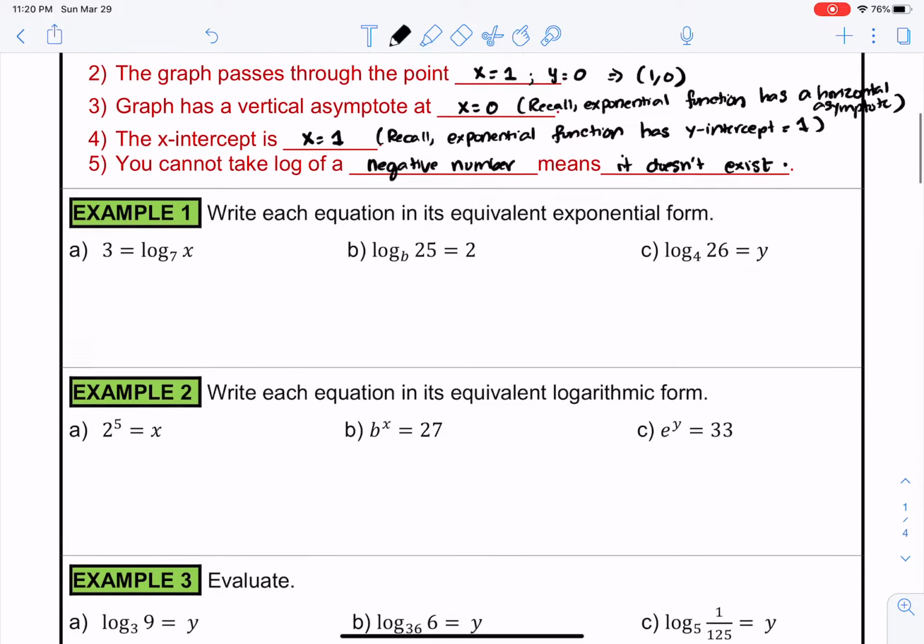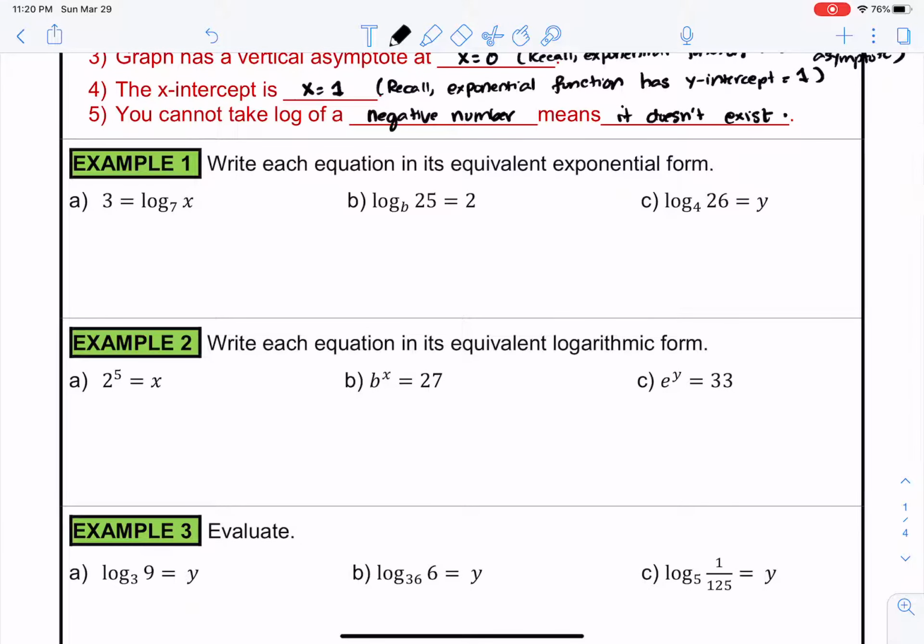Good. So we want to write each equation in its equivalent exponential form. We look at the base first, which is 7. So we raise it to the power of 7 on both sides.